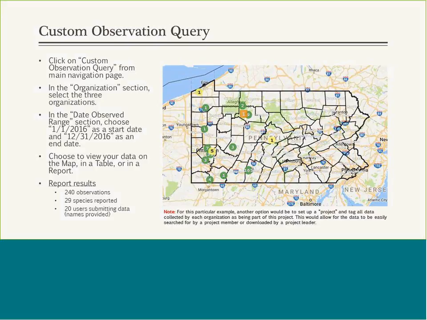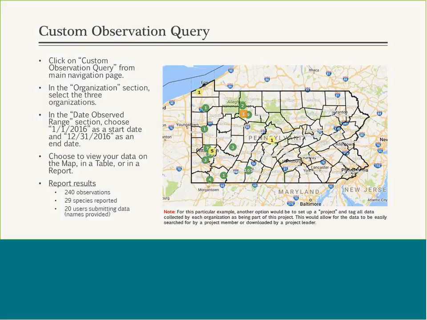Access your query tool, go to the organization section and select those 3 different organizations that you're interested in. And because we're only interested in data that was submitted in 2016, you go to the date observed range and say January 1 to December 31st as your start and your end dates. Again, choose to view that data in either the map, the table, or a report.